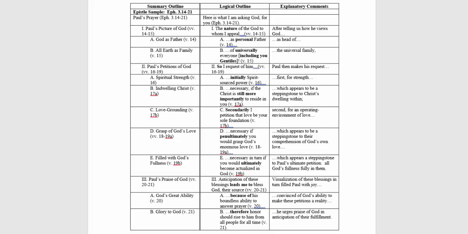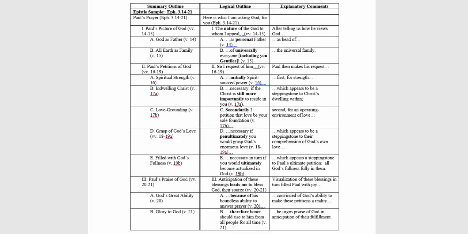And then Roman numeral 3, anticipation of these blessings, that is, God supplying what I requested of him in Roman numeral 2, leads me to bless God, who is their source. So in that fashion, if I were to make those little tweaks, I would do a better job of illustrating the idea of back-to-back, same subordination level headings, reading them together, and it giving you a snapshot of the passage. That can render a significant service through a logical outline.